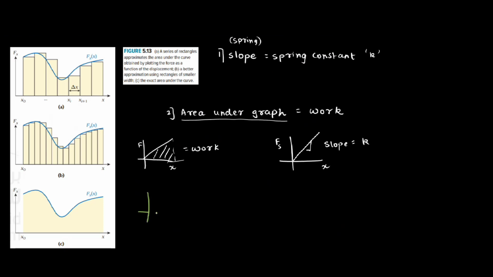If this was a force versus time graph, the area under the graph will give you impulse, and from the definition of impulse, we know that this will also be equal to change in momentum. So the things that you can find from a graph are either work, impulse, or change in momentum, and by the definition of momentum, you can also find velocities.